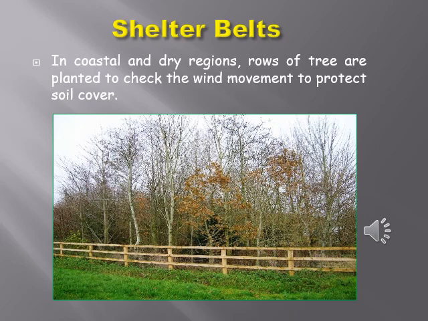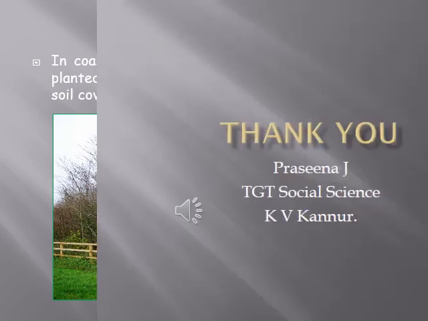When very high-speed wind comes from the ocean, or from the desert, the rows of trees will reduce the speed of the wind, so that the wind will not take away the entire soil from the next part, which may be used for agriculture. So this method is called shelter belts.